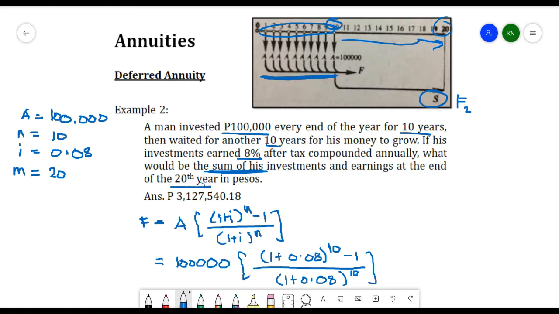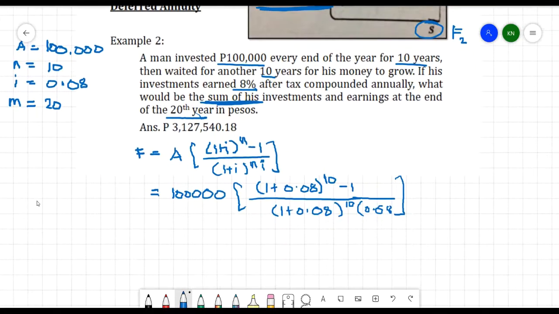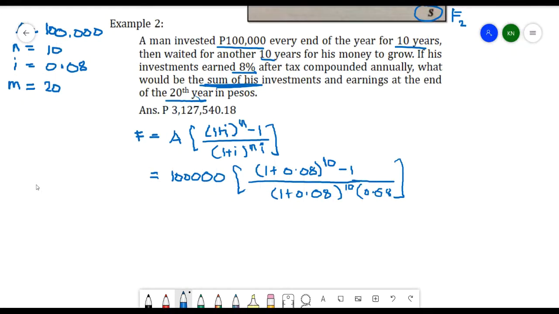I'm sorry, this should still be multiplied by I, times 0.08. So now the equivalent value of this one, if you calculate it, is 671,008 pesos and 14 centavos. So that is for the F.